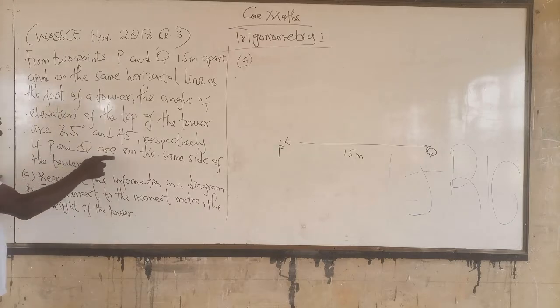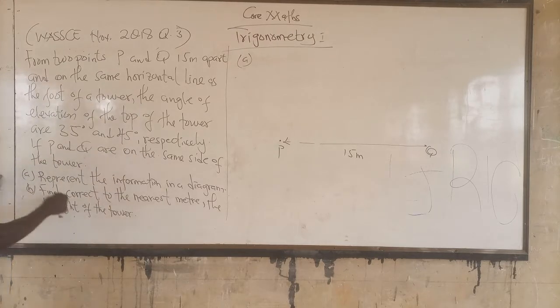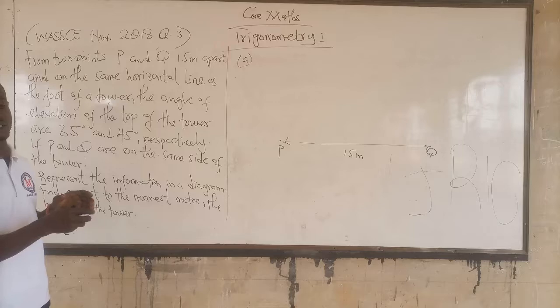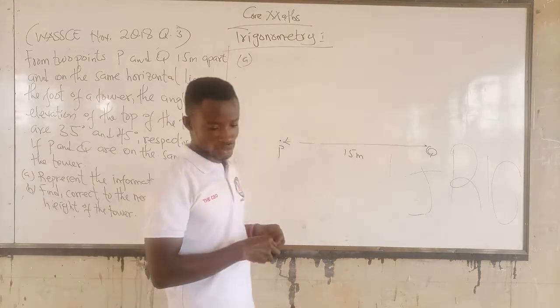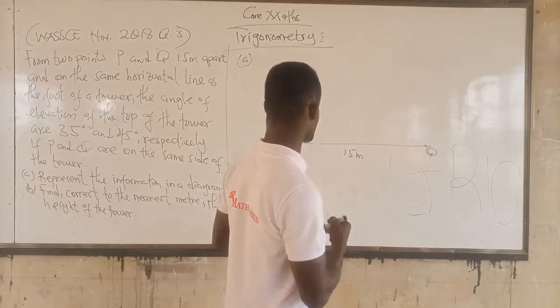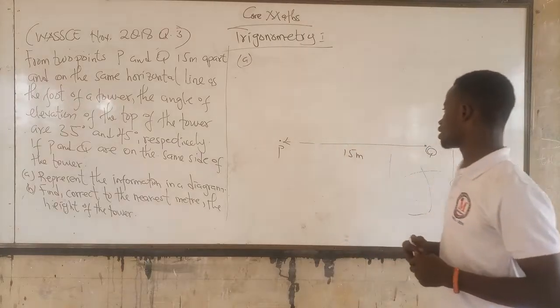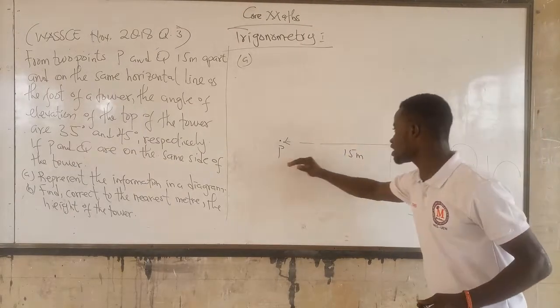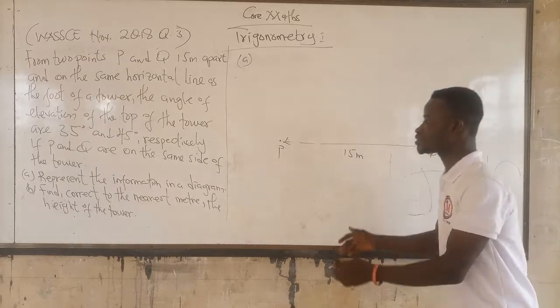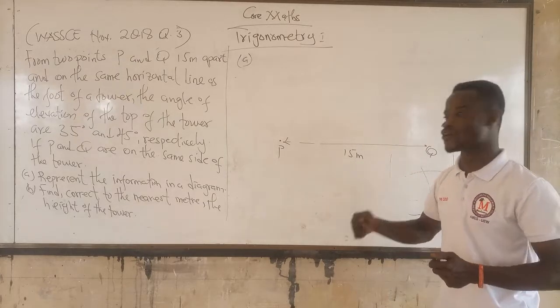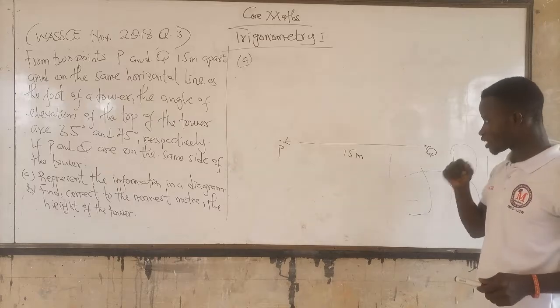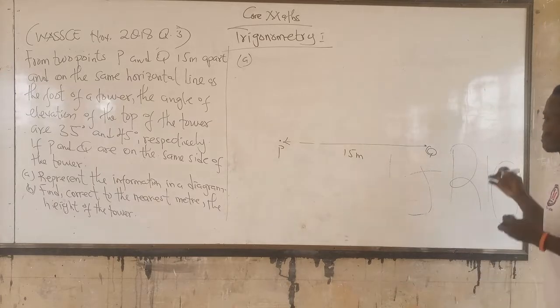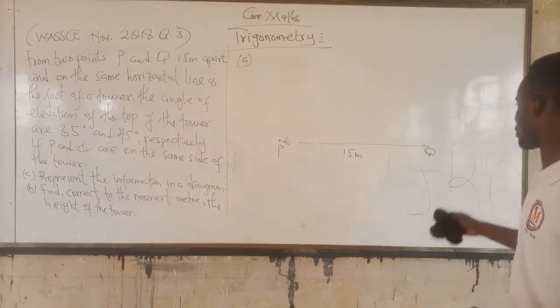If P and Q are on the same side of the tower, it's going to go like this. Now, the question is saying that both P and Q are on the same side of the tower. So let's assume, because of the space, let me reduce this one.